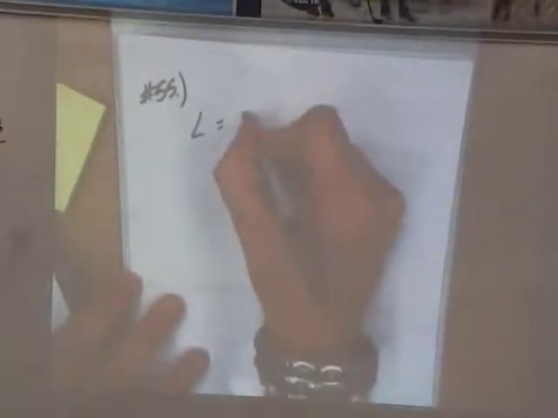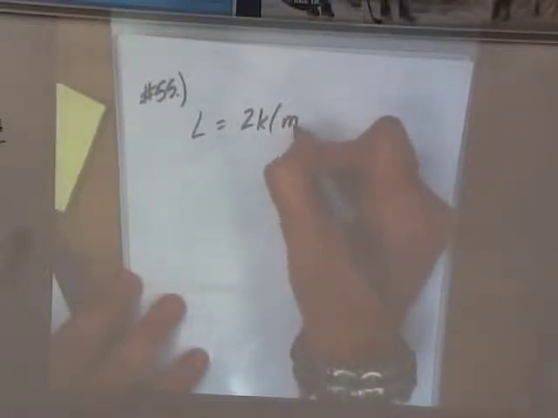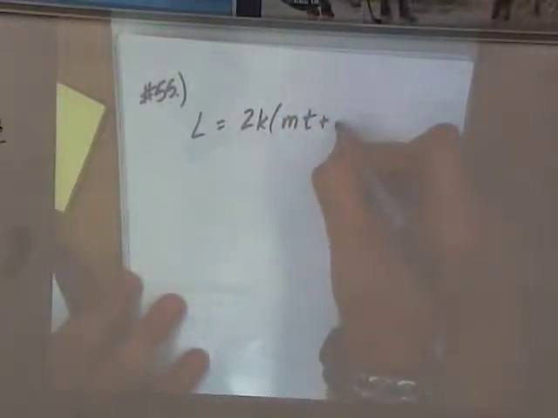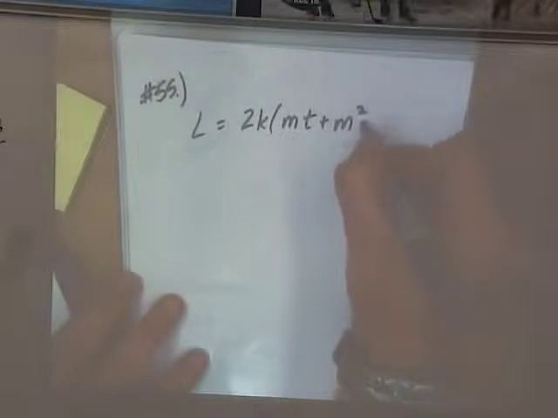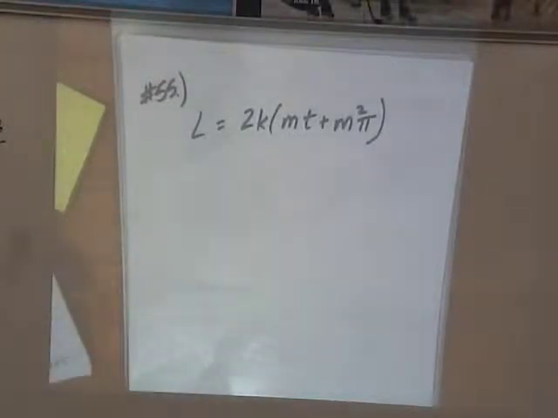L is equal to 2k times mt plus m squared times pi. And they want us to solve for t. Okay? What do we do first? Distribute 2K. We could. But remember what's our ultimate goal? Get T by itself.